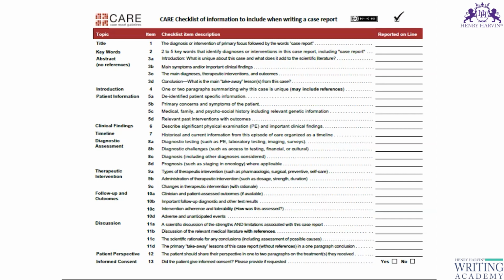Then timeline: historical and current information from this episode of care organized as a timeline. So what happened from the time the patient started complaining of the symptoms, since when the patient has been suffering from them.